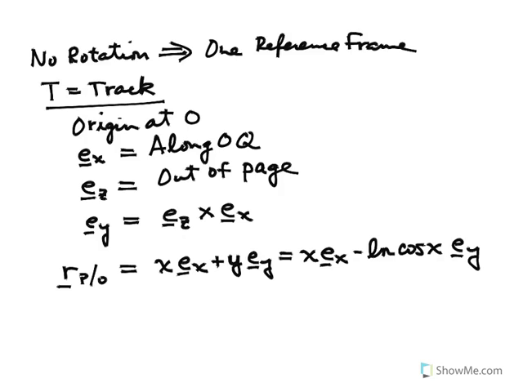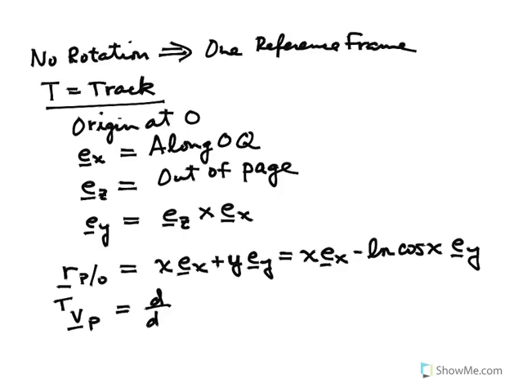So the first step is the same step that we would take in any kinematics problem, is that we have to compute the velocity of the point in question as viewed by an observer in the reference frame that we're interested in obtaining that rate of change. In this case, we're interested in the rate of change in the track, so we're going to compute the velocity of point P as viewed by an observer fixed to the track.